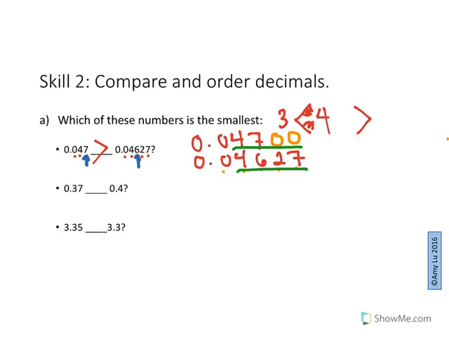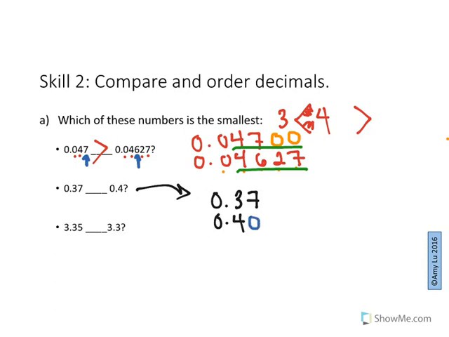Now, we're going to continue on with the next problems. If you want to pause the video, you can at this time. Okay, so let's explain these. 0.37 versus 0.4, and I'm going to fill it in with an extra 0.